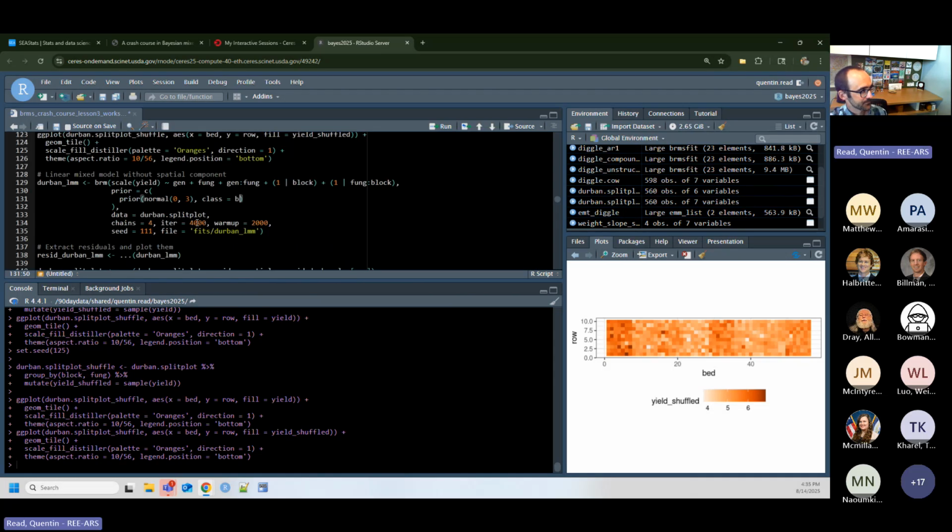And I've increased the number of iterations on each of our 4 chains. We're going to do 2,000 warm up and 4,000 total. So we're going to have 2,000 after warm up for each chain. And in my testing, I found that was enough to get convergence. In real life, you would have to play with it and see how many iterations are needed to get convergence. But just take my word for it that it is adequate.